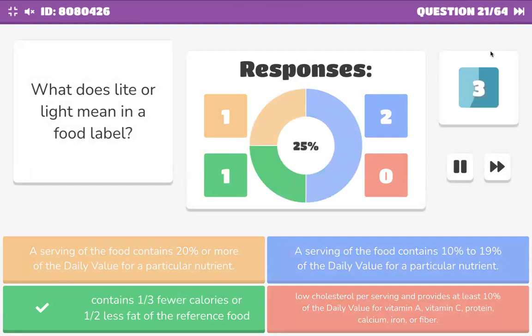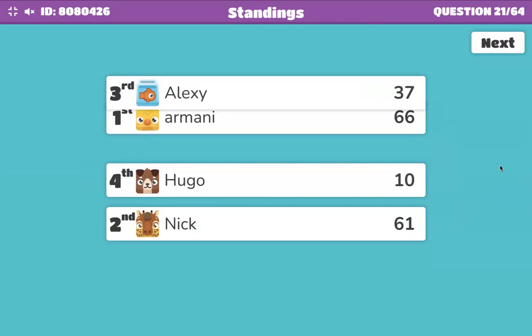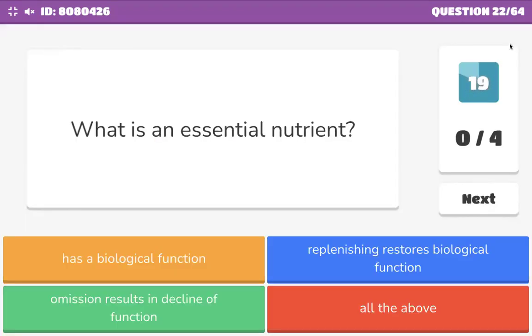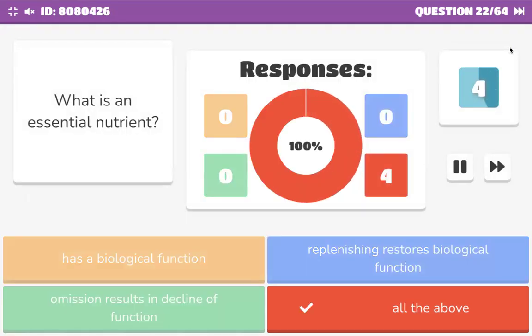Contains a third fewer calories or half less fat of the reference food. What is an essential nutrient? Yep, all the above.